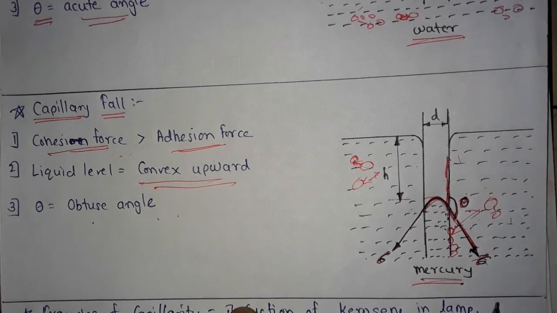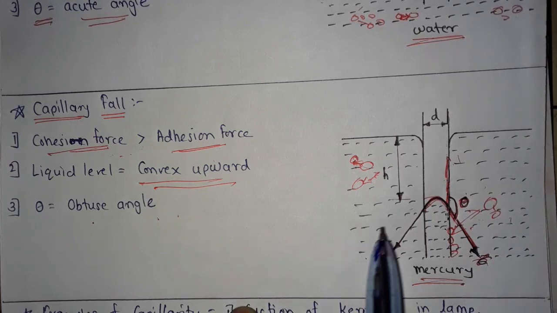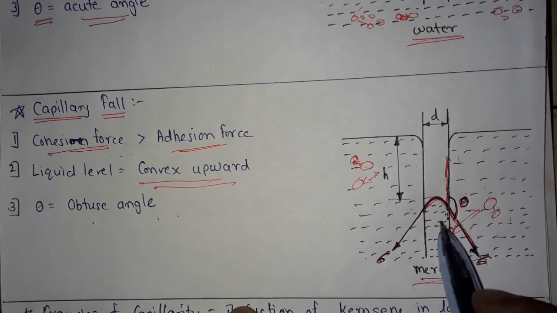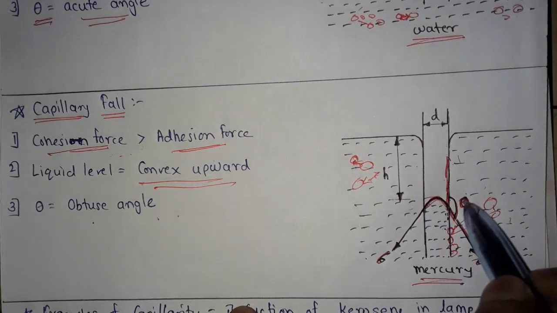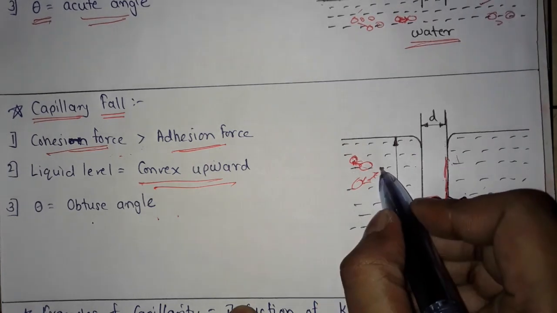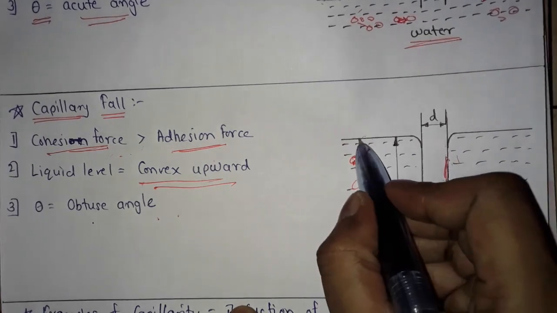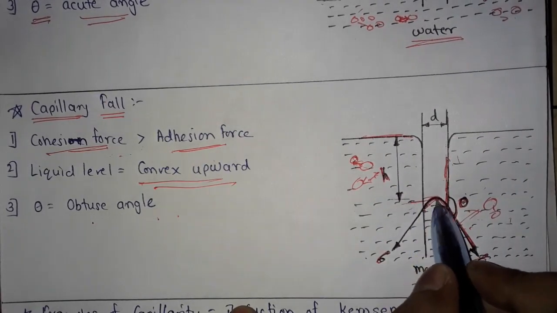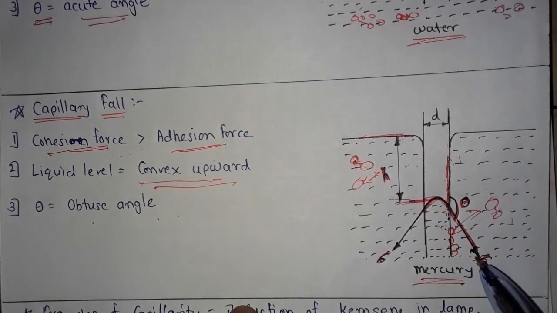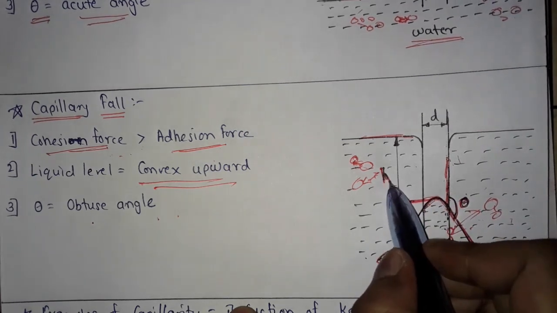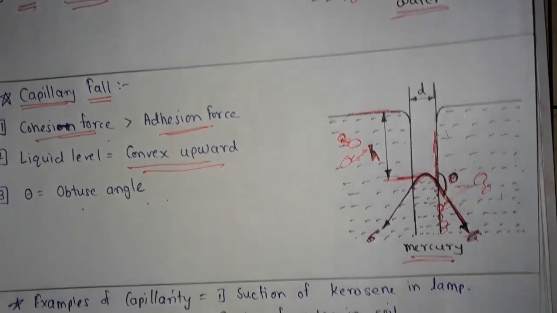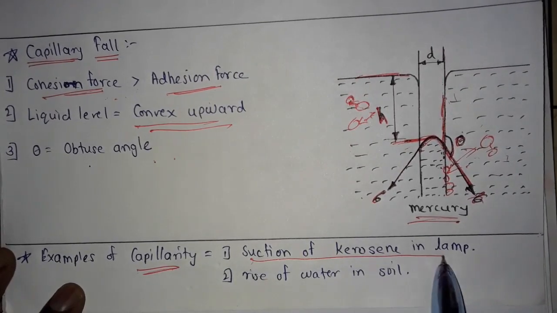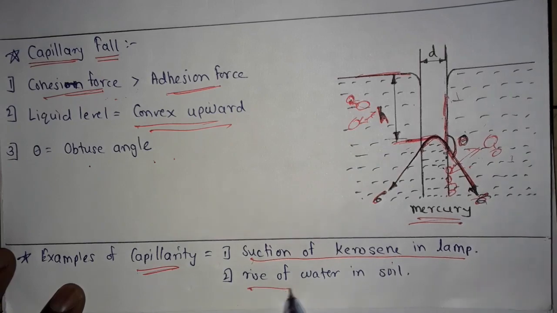And here the capillary fall, or the liquid level which has fallen in the tube, is denoted by H. This is the surface of the mercury, and this is the fallen liquid level or mercury level in the tube, denoted by H.